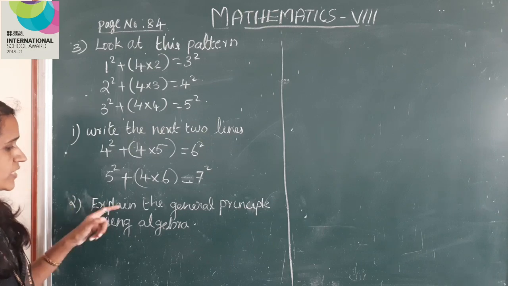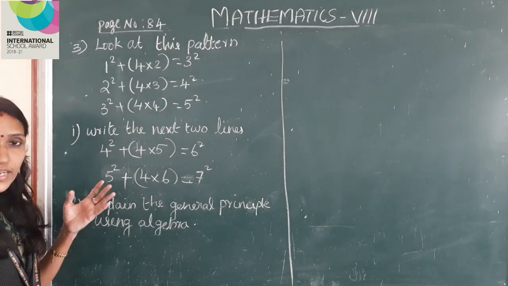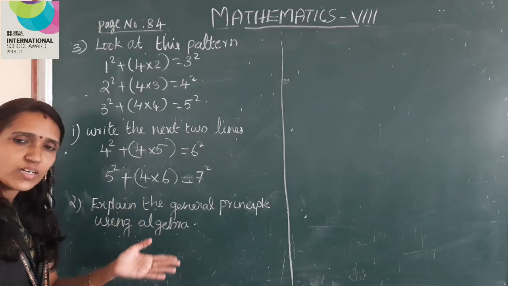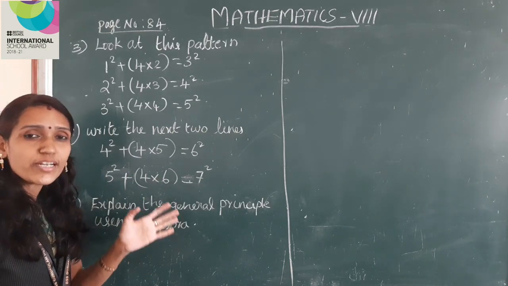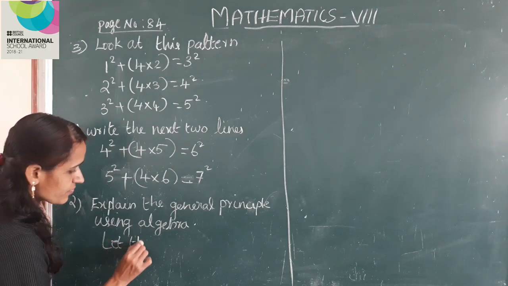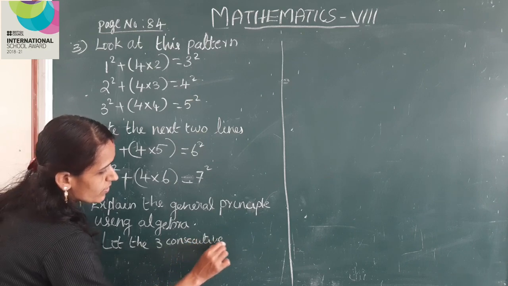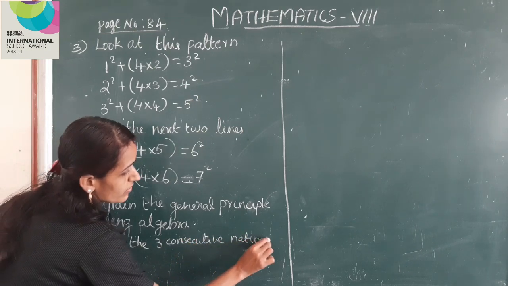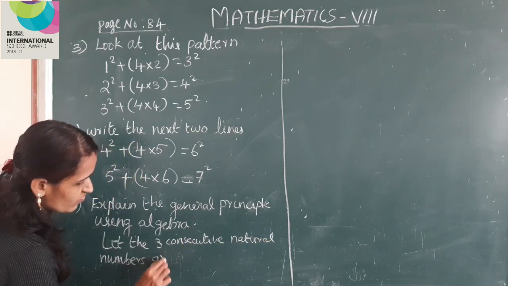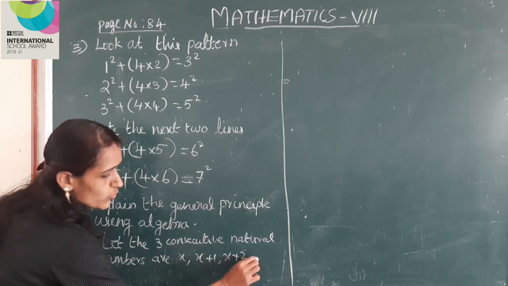The second sub question, explain the general principle using algebra. Here we have to take three consecutive natural numbers x, x plus 1 and x plus 2. Consecutive natural numbers are 1, 2, 3, etc. So let the three consecutive natural numbers be x, x plus 1, x plus 2.